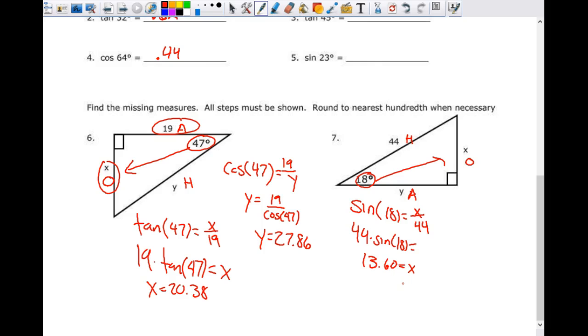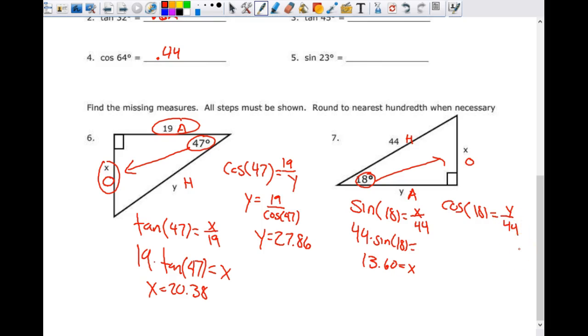Okay, we figured out x. Now we need to figure out y. Cover up the x, so we're left over with an a and an h, which is cosine, sorry, I'm crazy. Cosine of 18 is equal to adjacent y over hypotenuse 44.